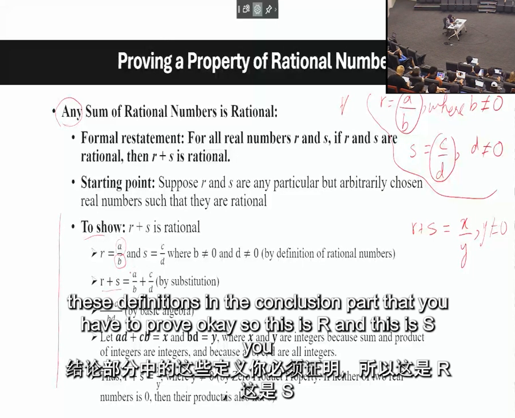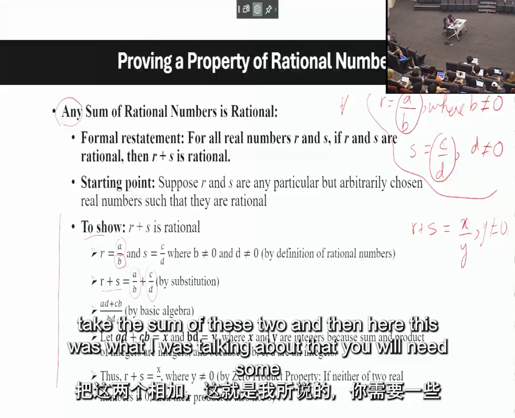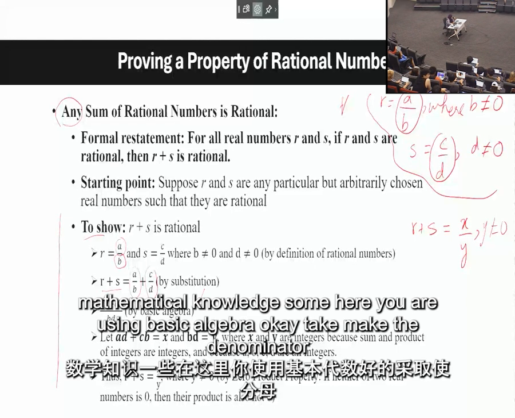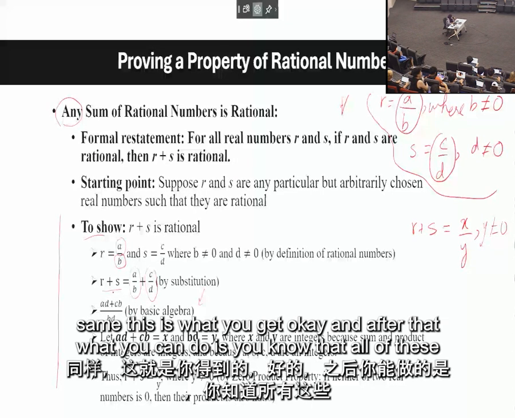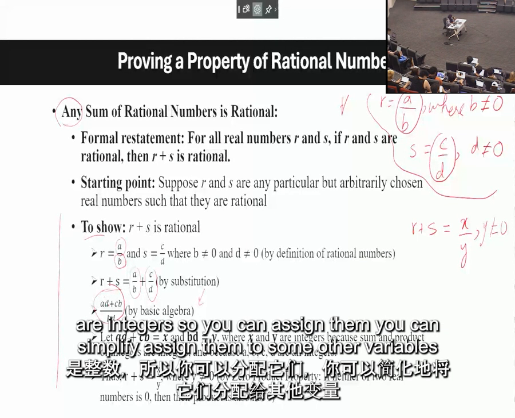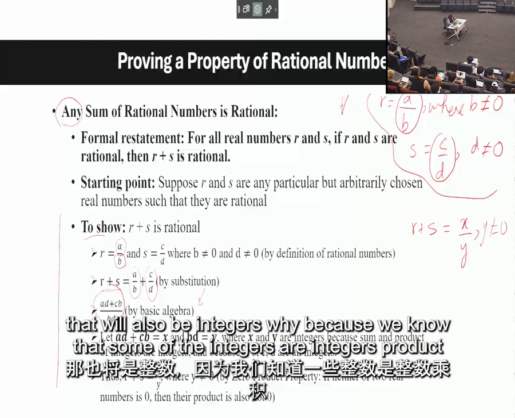So this is r and this is s. You take the sum of these two, and here is what I was talking about, that you will need some mathematical knowledge. Here you are using basic algebra. Make the denominator the same. This is what you get. After that, you know that all of these are integers, so you can simplify and assign them to other variables that will also be integers.